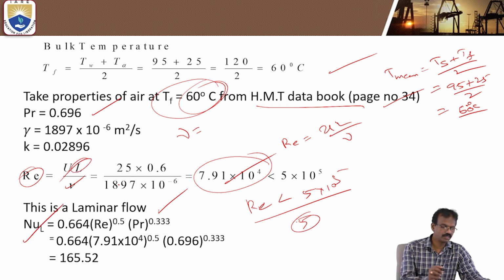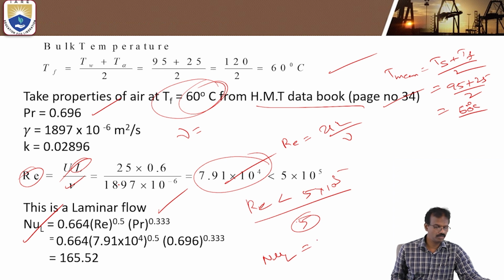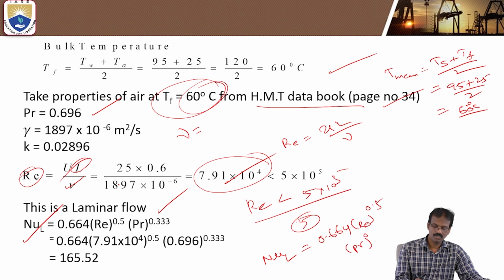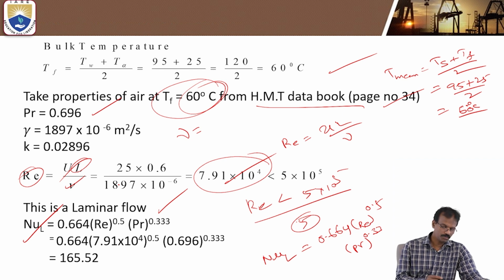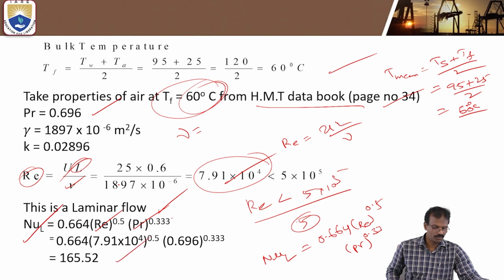Then you can take the Nusselt formula. Nusselt for full length, average laminar flow, is equal to 0.664 into Re to the power of 0.5, Prandtl to the power of 0.33, it means 1 by 3. If you substitute the values of Re and Prandtl here, then you can find the Nusselt number.